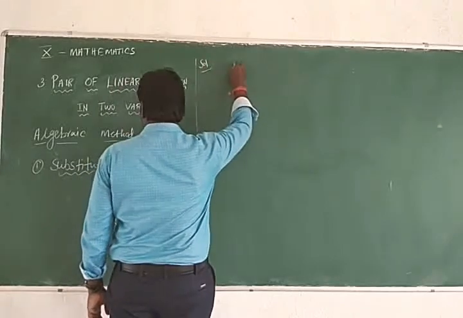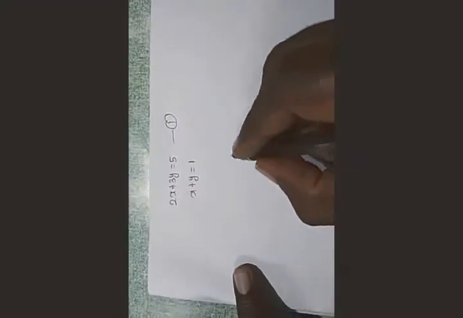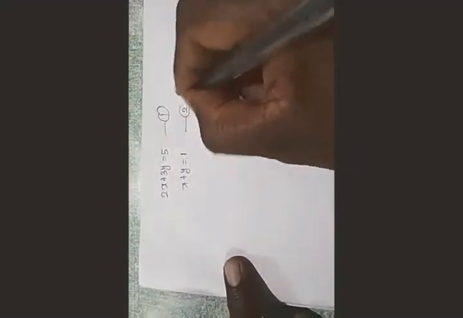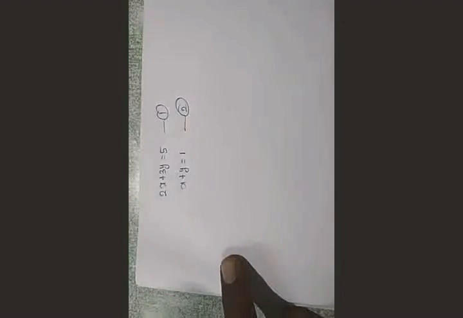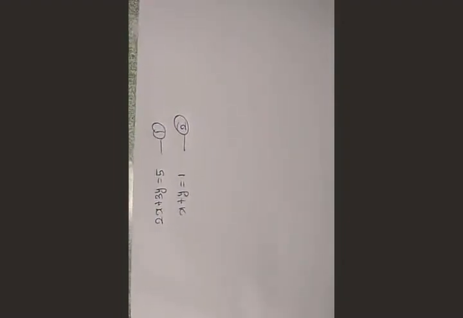Solution. This is equation number 1: 2x plus 3y is equal to 5. This is equation number 2: x plus y is equal to 1.